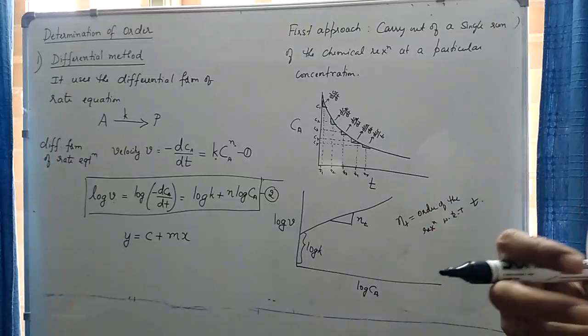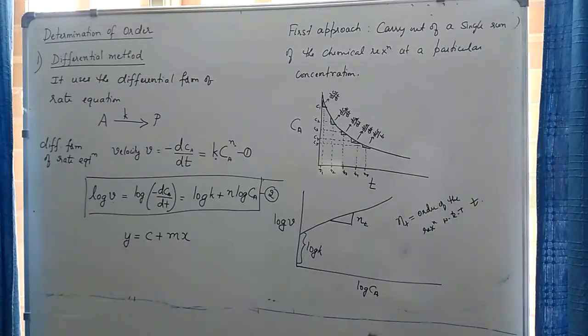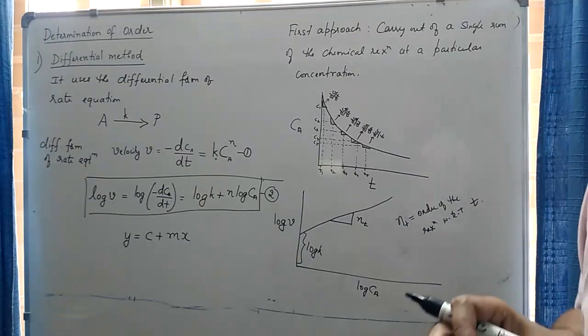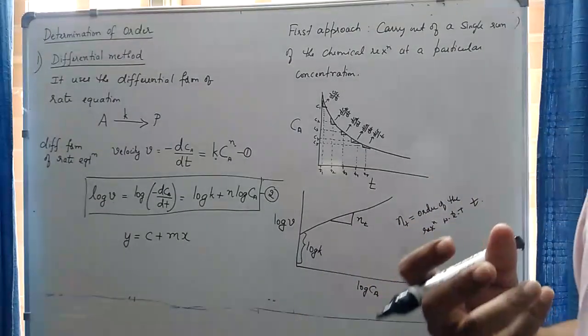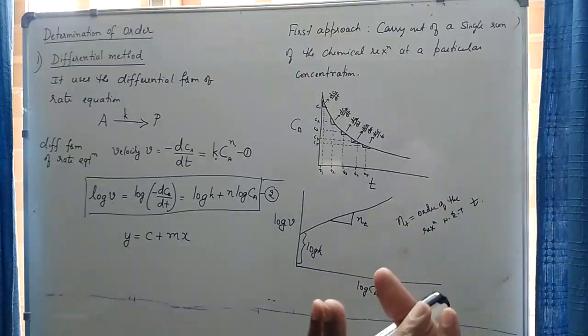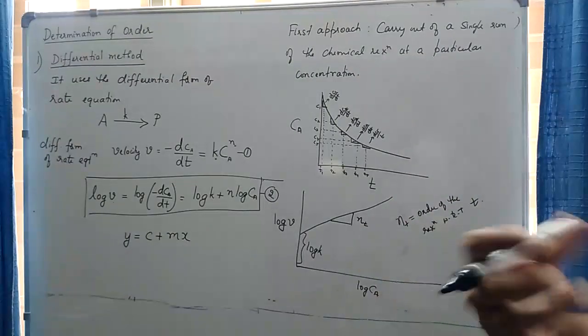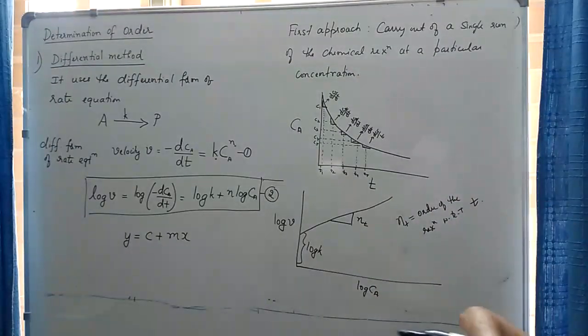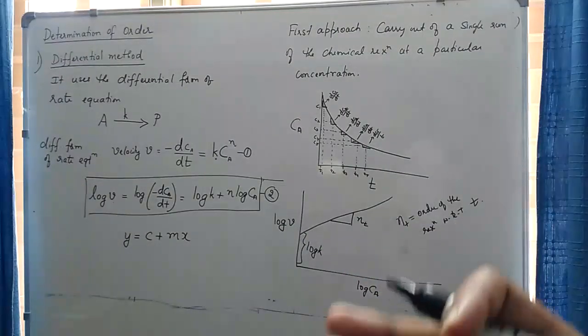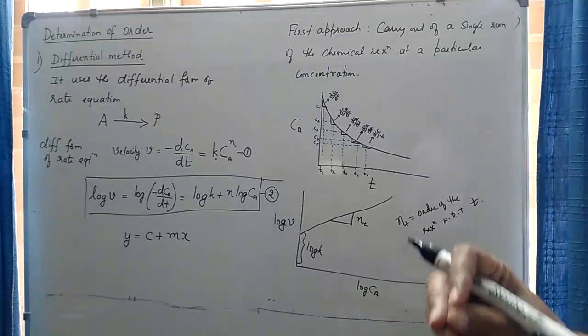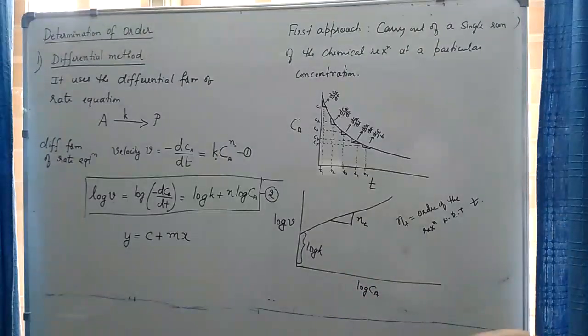The product may act as an inhibitor, that is, it may slow down the rate of the reaction, or it may act as an autocatalyst and catalyze the reaction. And we all know that with time the concentration of the product increases, and as the concentration of the product increases, the influence of the product on the rate also increases.